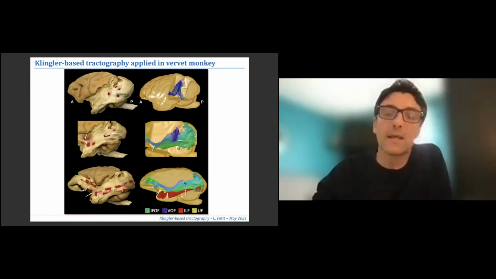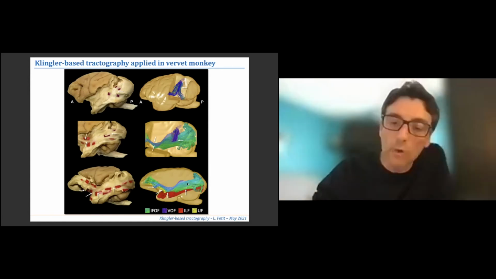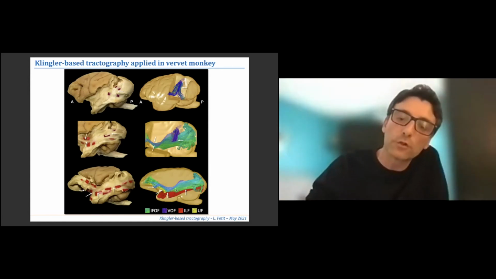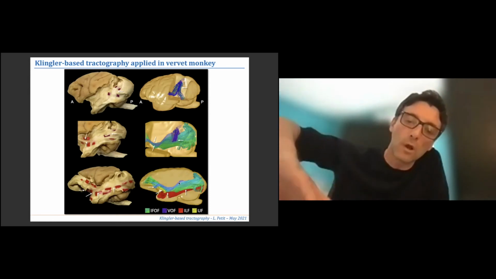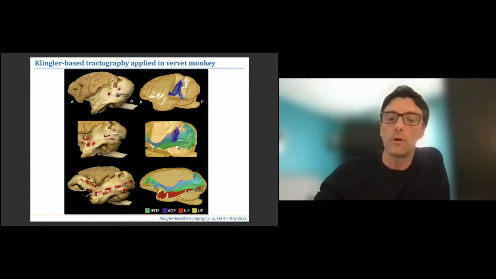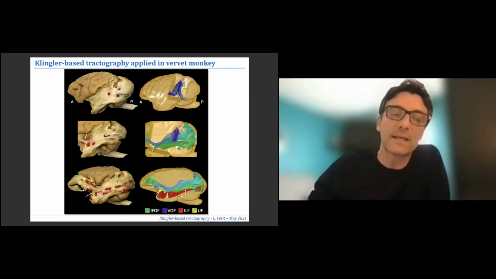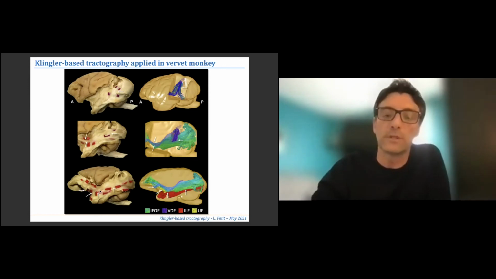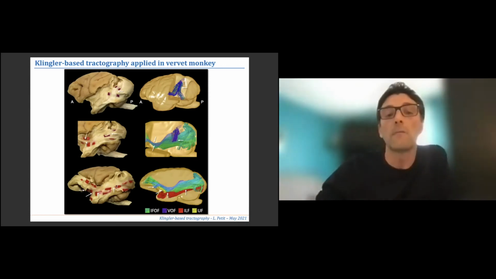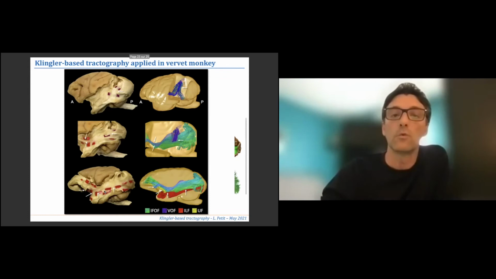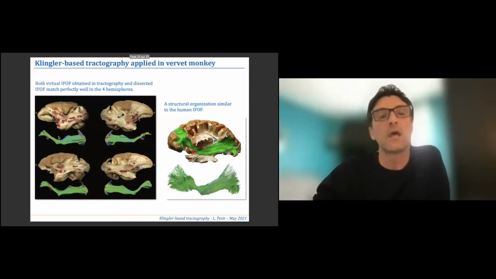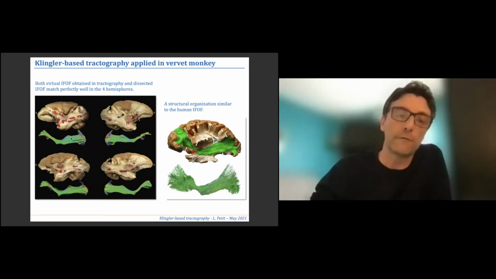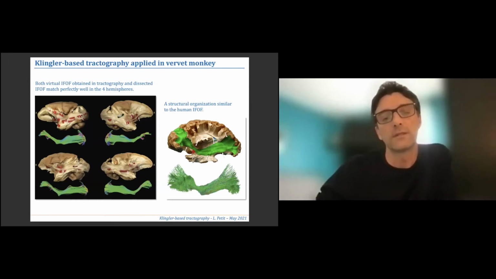Also, as you can see here, you've got a torsion of the fibers from the posterior part before they cross the stem here, and this torsion is exactly the one we get postmortem for the same specimen by dissection. So we ran that in two different monkeys, in 4 different hemispheres, and observed exactly the same type of tractography IFOF as for the dissected ones.